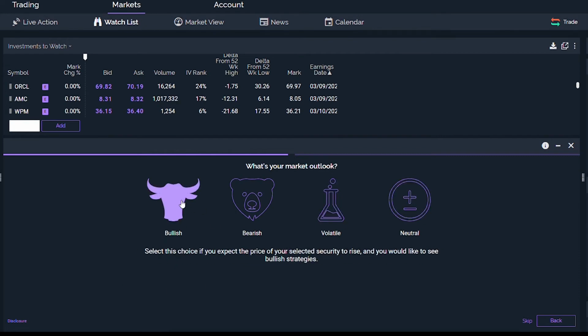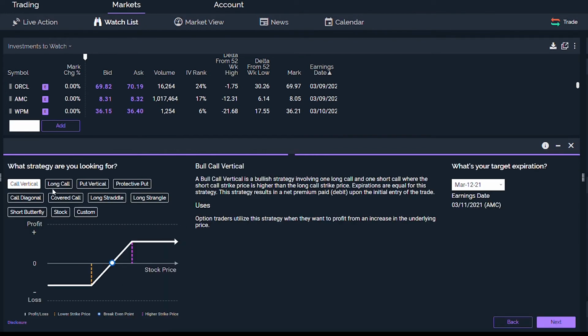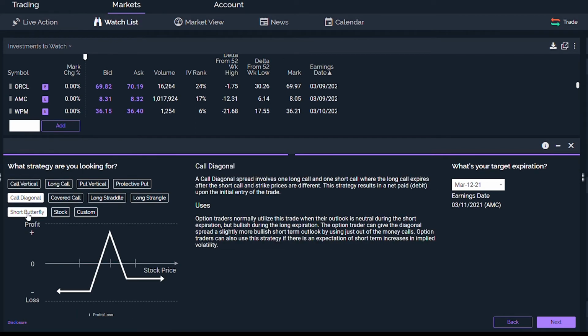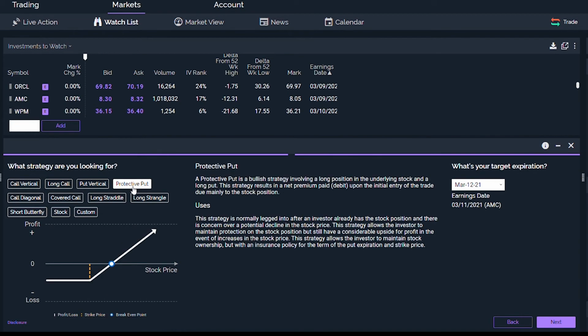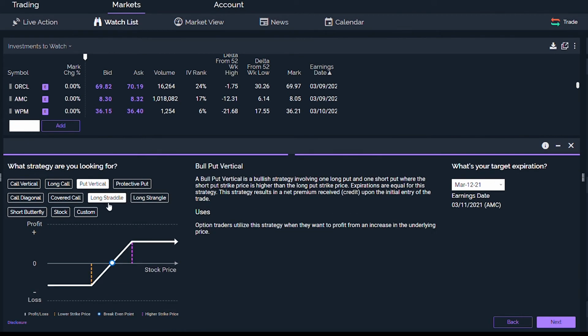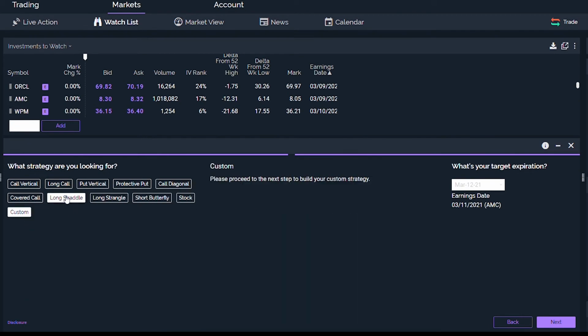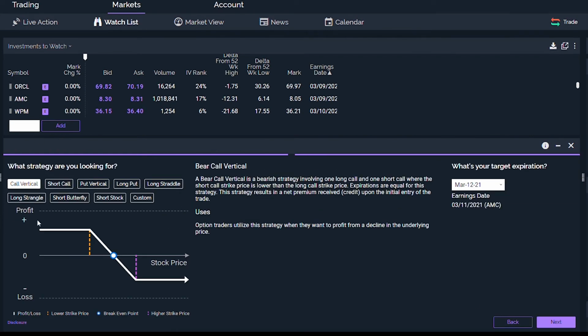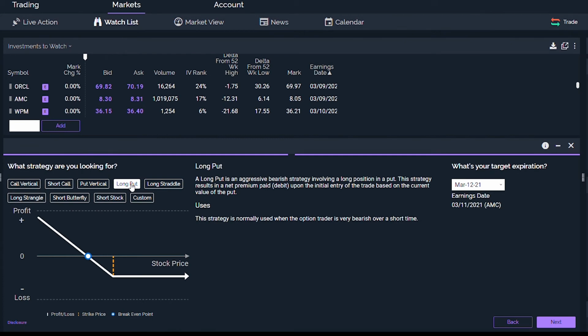If we click on here, it'll give us a bunch of different options that we can choose if we think the stock price is going to go up. And then we can go back and choose what we think if the stock price will go down. If we think the stock price is going to go down, we could buy a put.